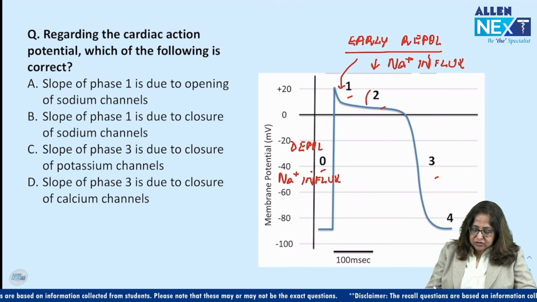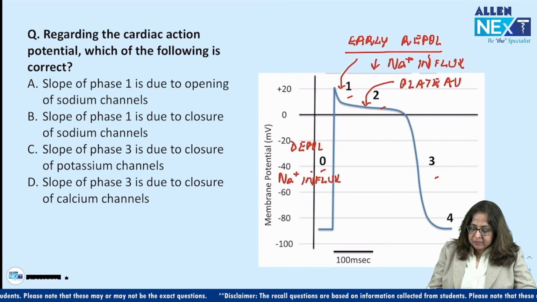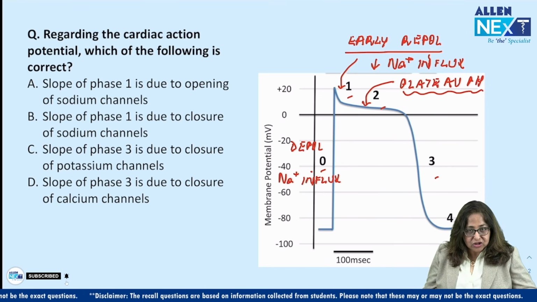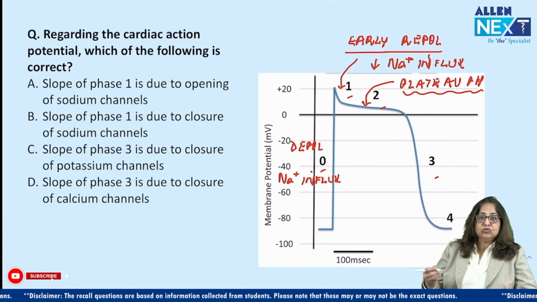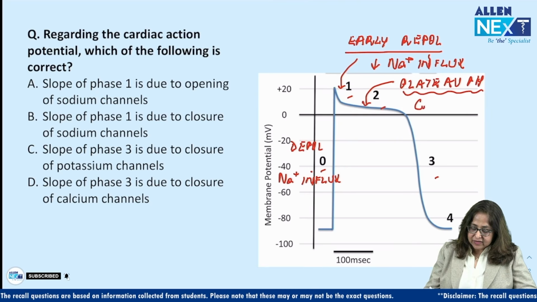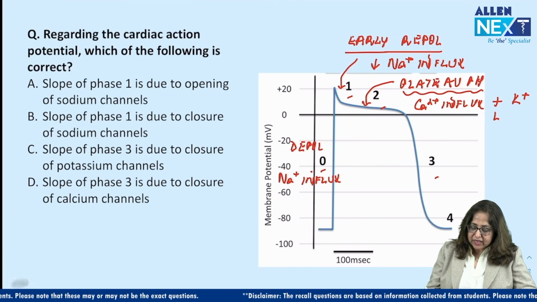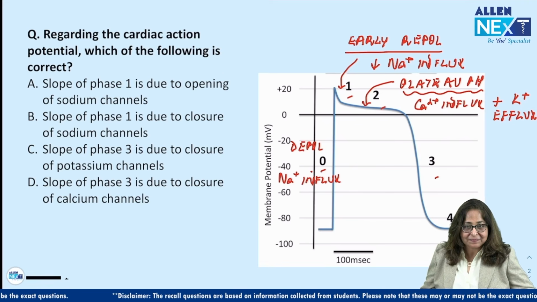Phase 2 is what is known as the plateau phase. In the plateau phase, there is now opening of what are known as slow calcium channels, also known as slow sodium calcium channels. So there is a calcium influx through these channels, plus there is also a potassium efflux because of opening of slow potassium channels.